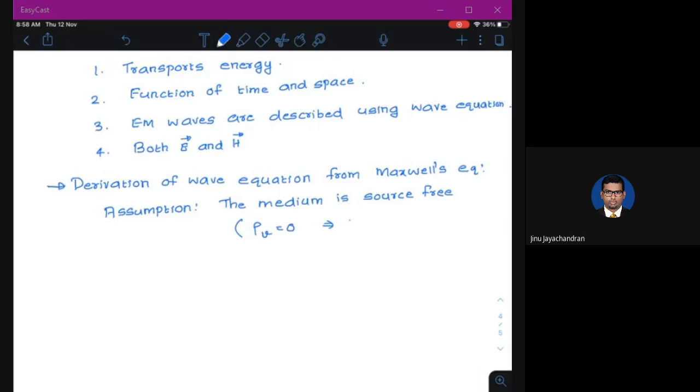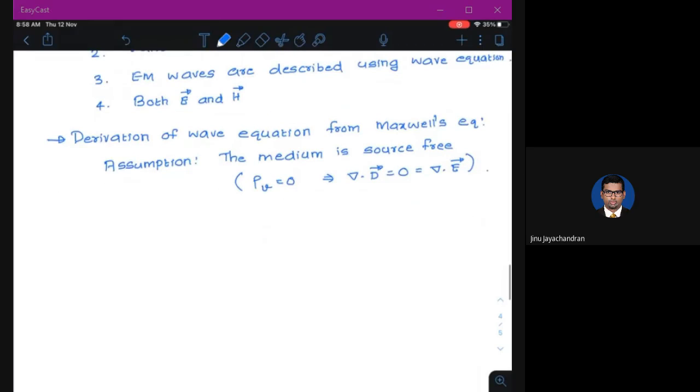I can write del dot D is equal to 0. This is an assumption that we are going to make, because when the wave travels, the medium will not have free electrons or free charge, or there won't be a source in that medium. Okay, so this is a trivial assumption. It will not cause any damage to our complete analysis. Okay, so let's start.